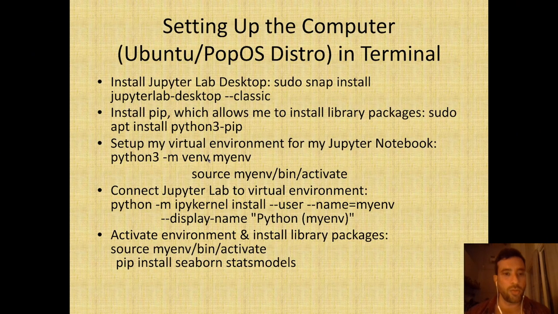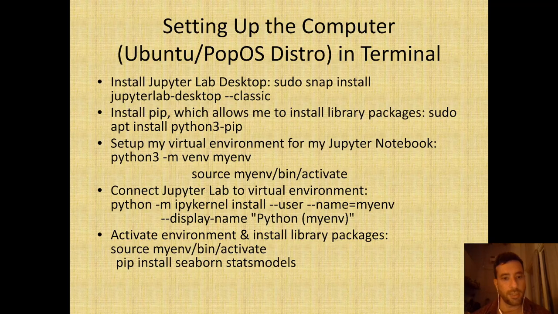And then I installed PIP, which allows me to install library packages through that command, sudo apt install python3-pip. And then I set up my virtual environment for my Jupyter Notebook with the python3 -m myenv and source myenv/bin/activate, which activated the environment.